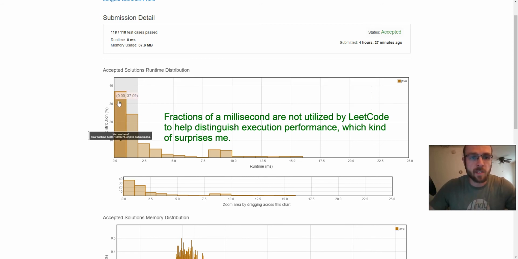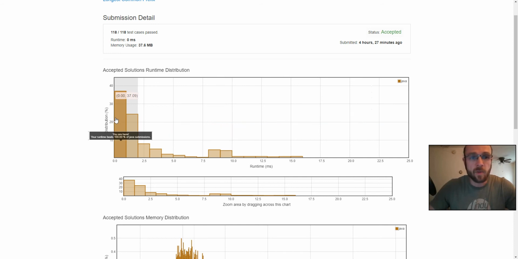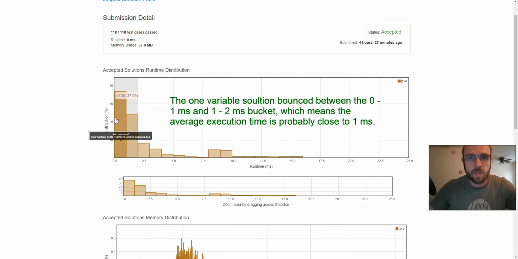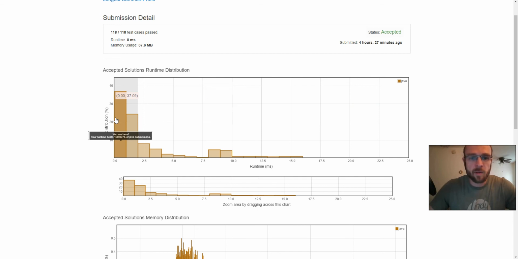There's probably an entire curve within this one bar. We can't see it because the resolution of the test isn't good enough. Milliseconds is what we're seeing, and maybe we'd have to get down to nanoseconds or microseconds, something like that. And with the way that this test is set up and the test suite that LeetCode provides, we can't see that.